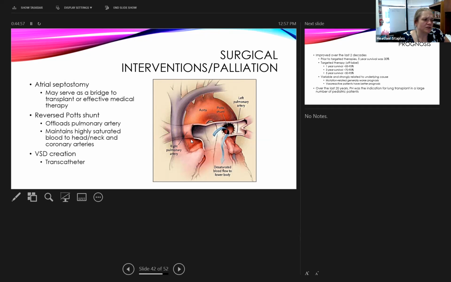These are relatively risky procedures. That's another option to give essentially a pop-off valve. And then I've seen 1 or 2 in Houston transcatheter VSD created holes. So these are super risky, and usually for patients who are not responding to all the other interventions.